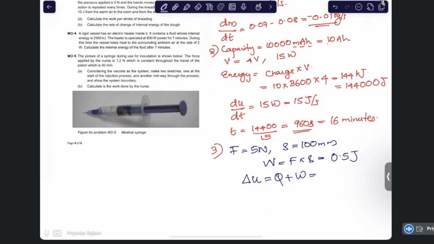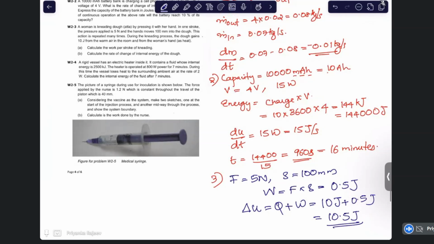So the heat from her hand and the ambient air is 10 joule plus work of 0.5 joule, so it is 10.5 joule. That was a very direct question. There won't be any considerable energy change because of this kneading, but 0.5 joule will be added. So A and B are done.